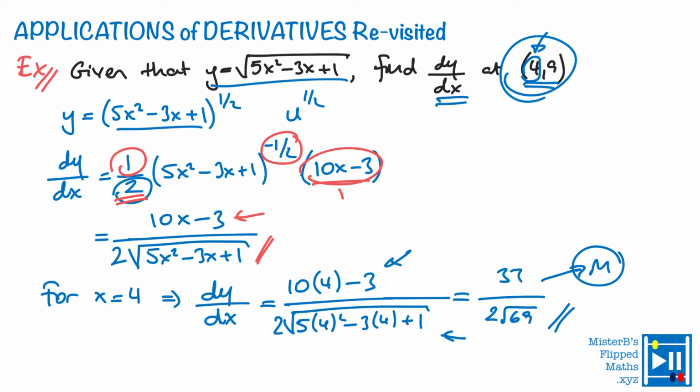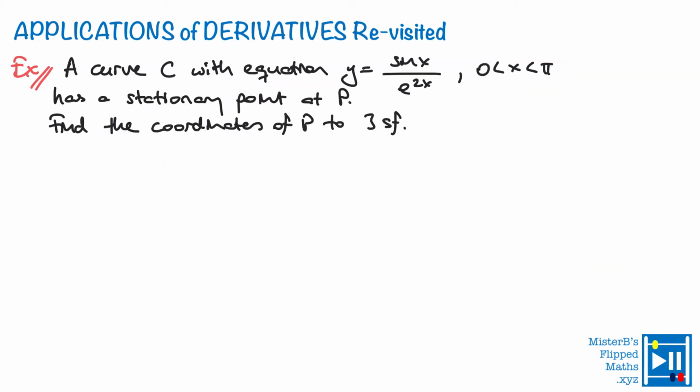Another example. In this example, we have a function, we have a curve, and apparently we have a stationary point. Now, we end up with stationary points when we equate the derivatives to 0, because when you have a curve, you have the stationary point, and the tangent to that curve at the stationary point is horizontal, which means the gradient is 0.